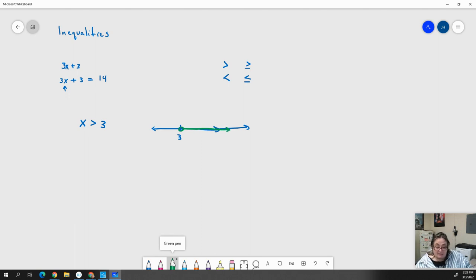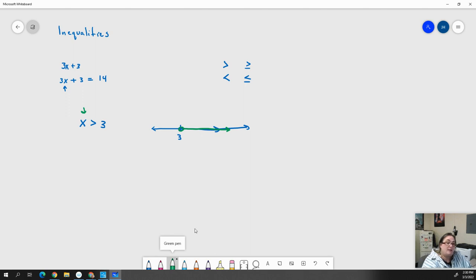If I was writing that in what we'd call interval notation, which you wouldn't be using, we're just saying x is greater than 3 is 3 all the way to infinity, right? So it is a set of numbers that make this true. It's everything that makes this a true statement. So 4 is greater than 3, 5, 6, 7, 8, 18 million. All those things are greater than 3. So all of those are part of our solution set, right?